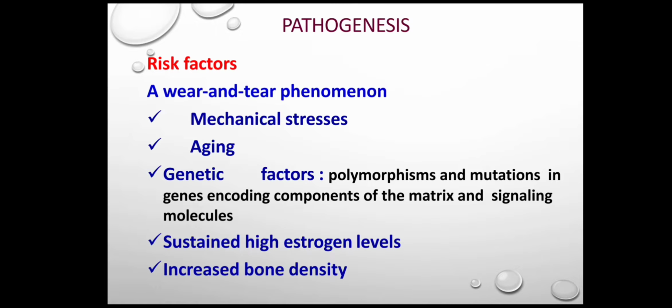So with age, the synthesis decreases and enzymatic digestion increases, that is, breakdown increases because of mechanical stress, aging, genetic factors, hormonal changes, especially in females, and increased bone density. All these lead to an increased degradation of the articular cartilage.